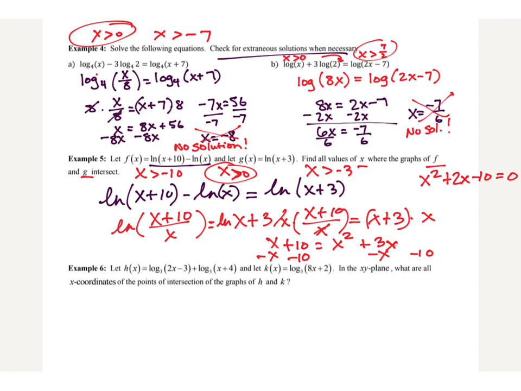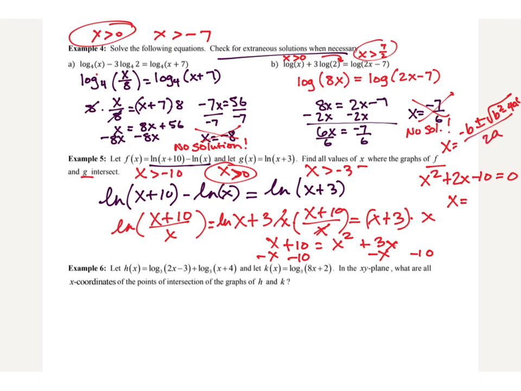You're going to have to use the quadratic formula here. The answers we get, x is equal to negative b plus or minus the square root of b squared minus 4ac, all over 2a.